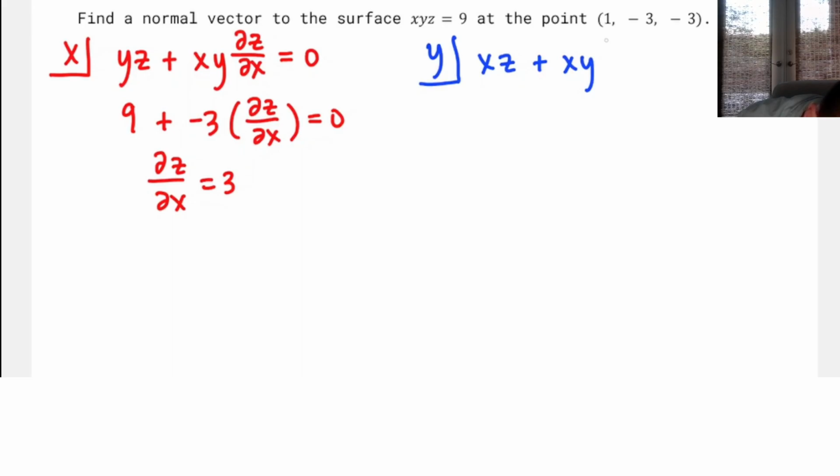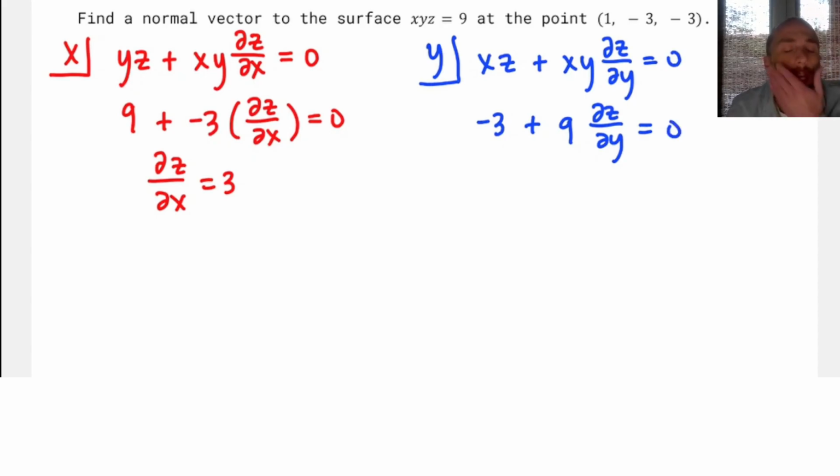So xy times partial z with respect to y. Then I'm going to plug in these points. xz is -3 plus 9 dz/dy, that needs to equal 0. And so dz/dy is going to be 1/3.